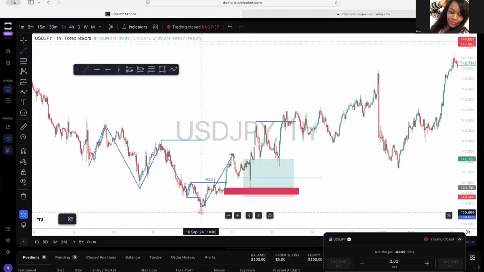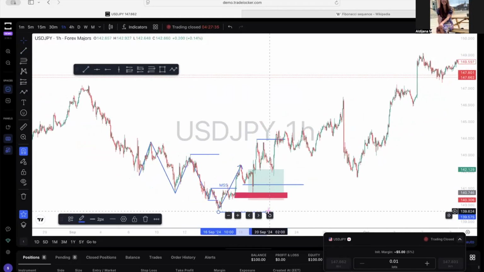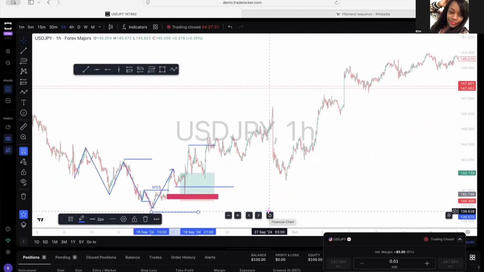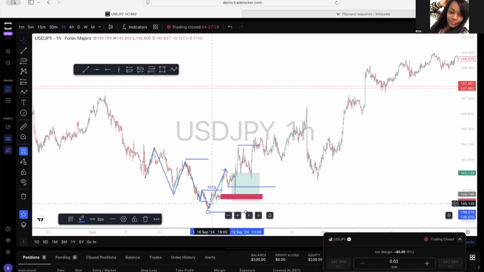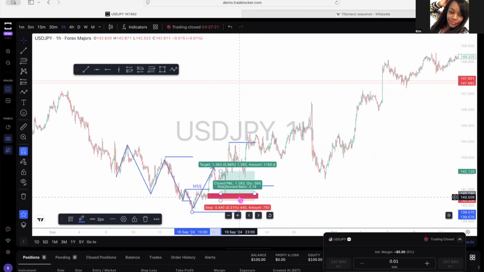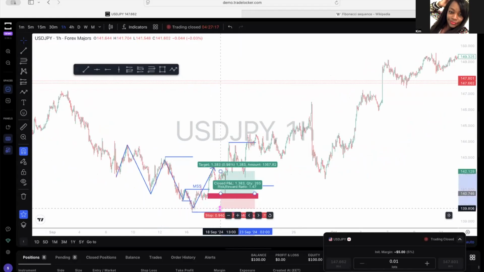Below, like your swing low. When you're marking up those swings, you mark up your swing low, your swing high. You always want to put your stop loss below the swing low or above the swing high. So I'm going to put that there.